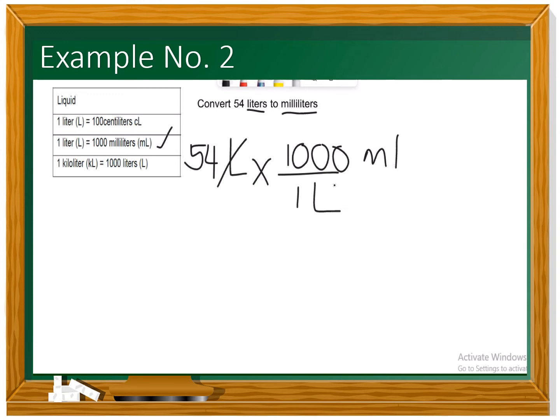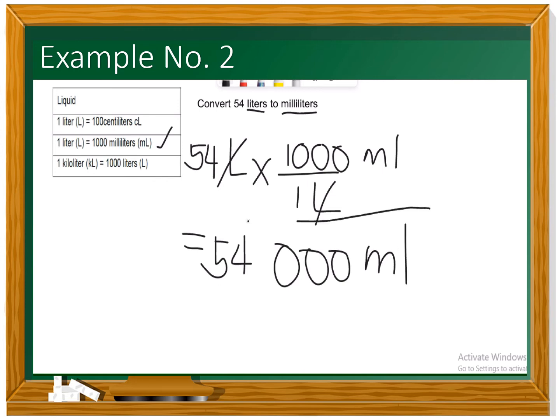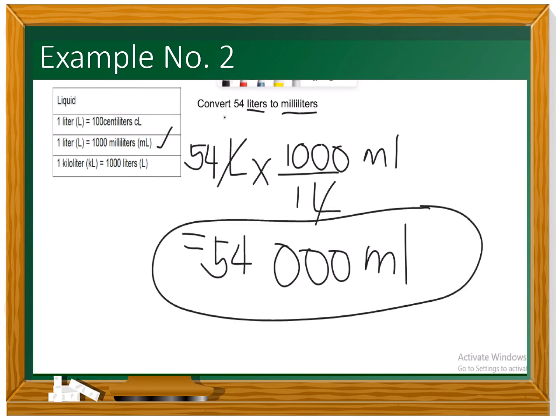Cancel the liters, and then proceed to multiplication. Since we are converting a larger unit to a smaller, we have to apply multiplication. So we have 54 times 1,000 is equal to 54,000. And then the unit ml. So meaning to say, 54 liters is equal to 54,000 ml.